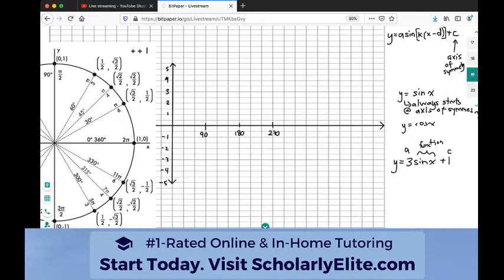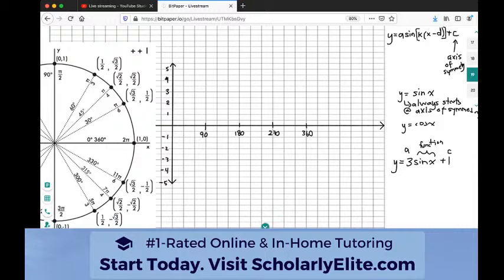Is it 270? Yes, it should be. And this is 360. And then that can go onwards. Basically we talk about a period of the graph. So we're going to learn just one period first, aka the amount of time it takes to get from its initial starting point back to that initial starting point, and you'll see what I mean in a second.